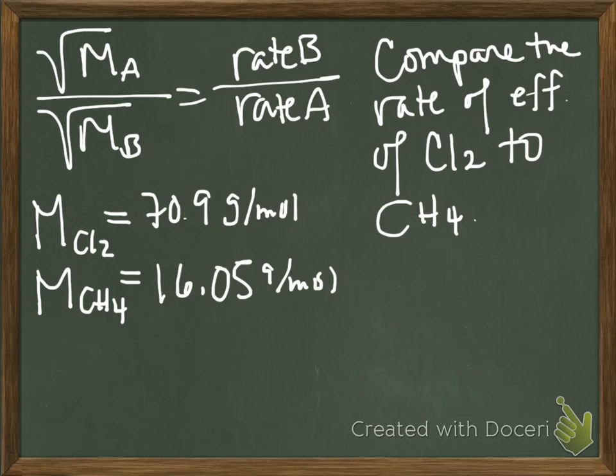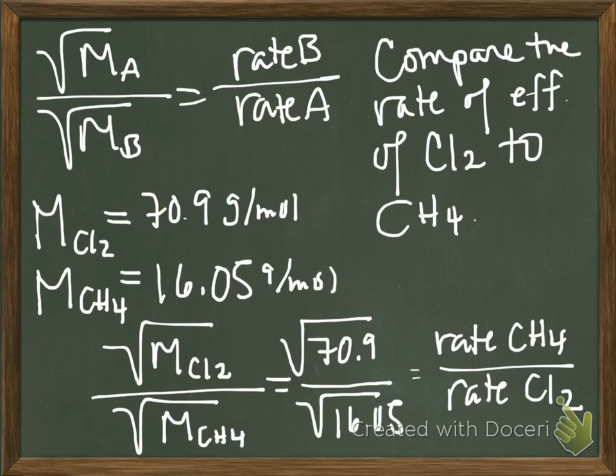Okay, so we've got our masses for each of these, and we're going to plug these in. Okay, so we have our numbers put in, and somebody asked, does it matter which one goes on top and which one goes on bottom? It doesn't. But obviously, depending on which one you put where, you're going to get two different numbers.